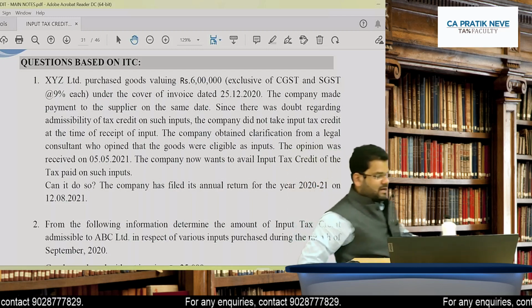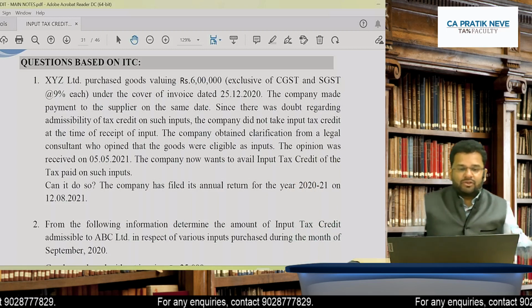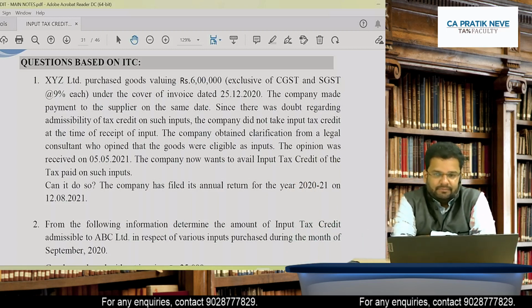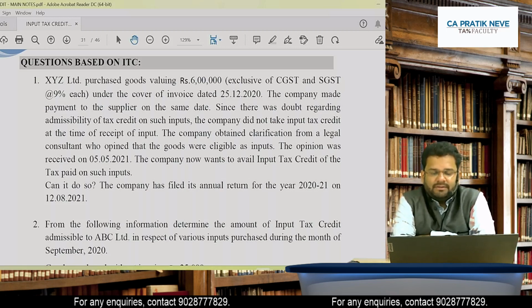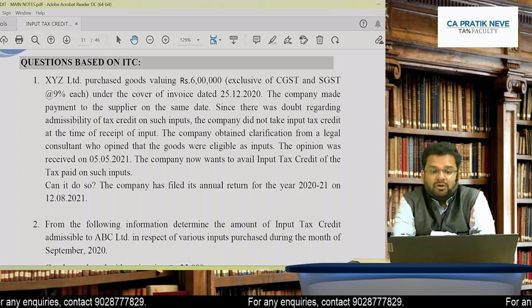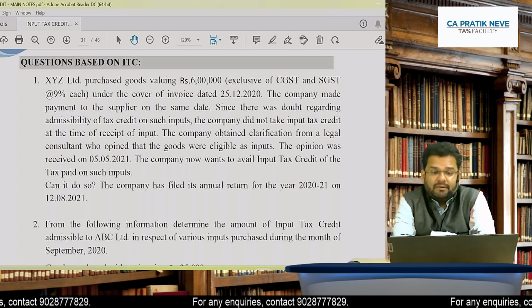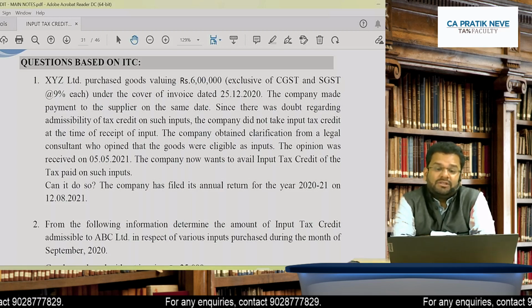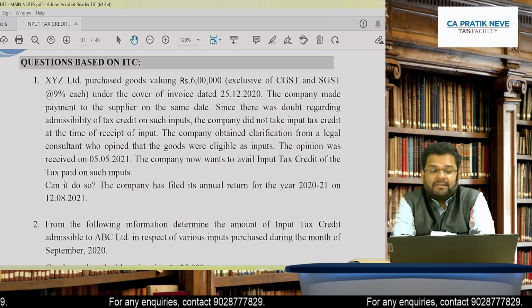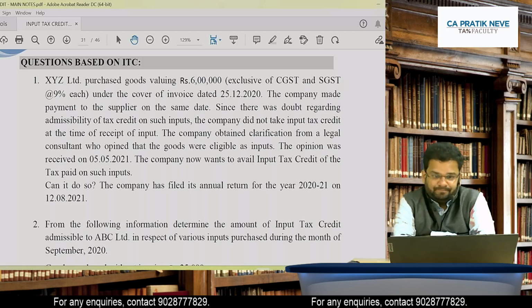Yes, let's start. XYZ Limited purchased goods valuing 6 lakh under cover of invoice dated 25th December 2020. Company made payment to the supplier on the same date. Since there was doubt regarding admissibility of tax credit on such inputs, the company did not take input tax credit at the time of receipt of input.